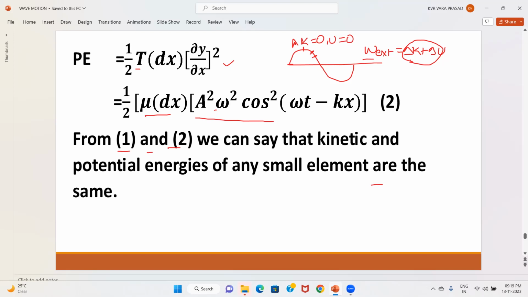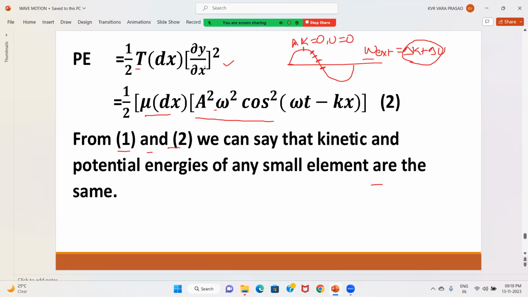So at extreme position, both are 0. And if you observe, at mean position, slope is maximum, or I can say modulus of slope. See carefully, potential energy depends on dou y by dou x whole square.